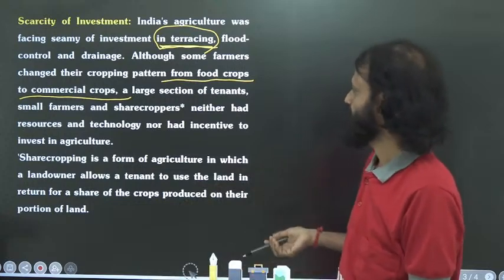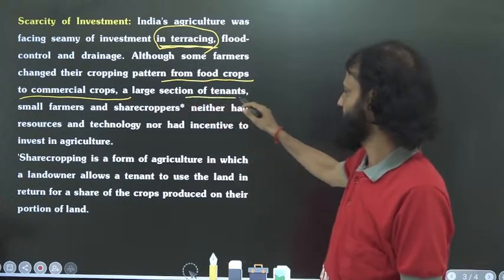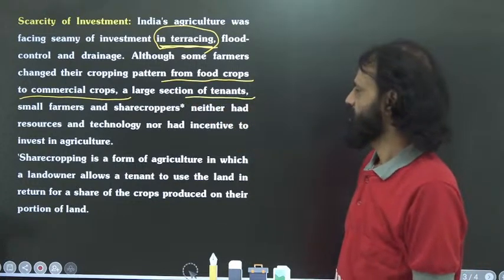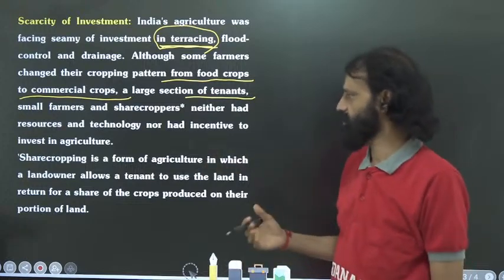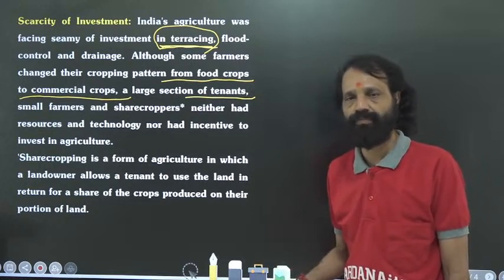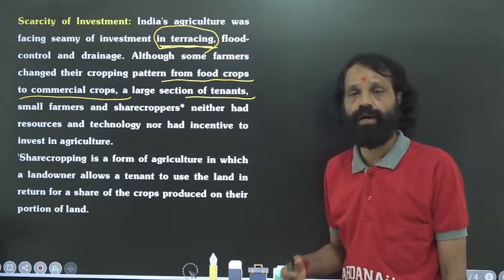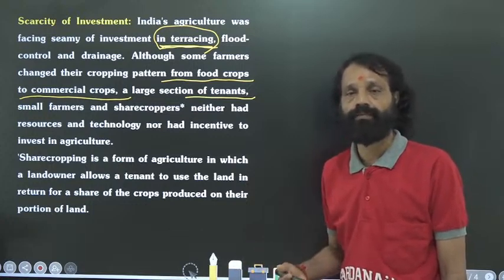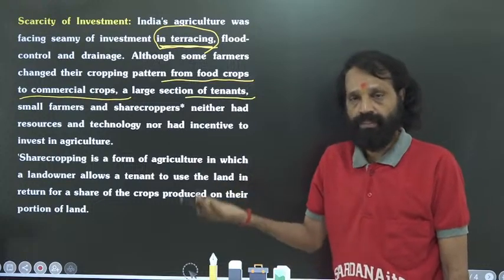But many tenants, peasants and sharecroppers take land from the zamindars on lease or contract, something like that. After that they have to give the major part of the production to the zamindars.